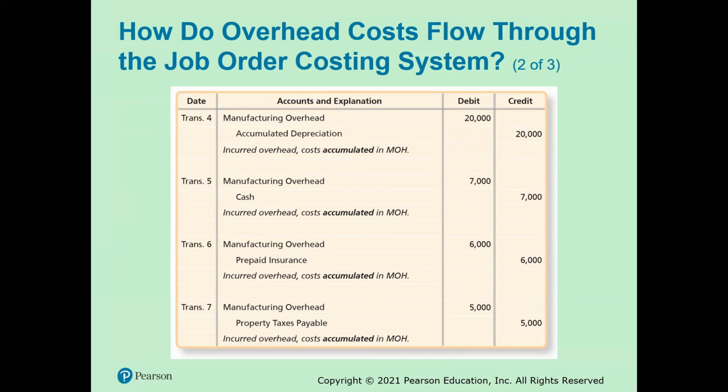All manufacturing overhead costs are accumulated as debits to the manufacturing overhead account. Here in this example, you see all the transactions 4, 5, 6, and 7, where manufacturing overhead has a debit.